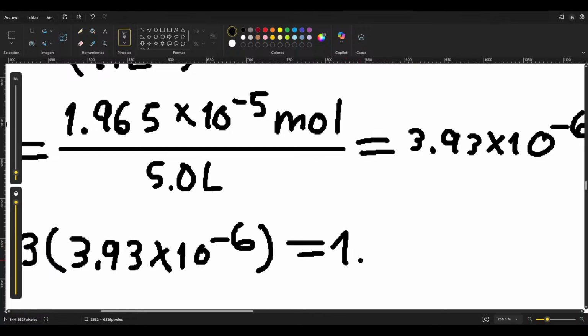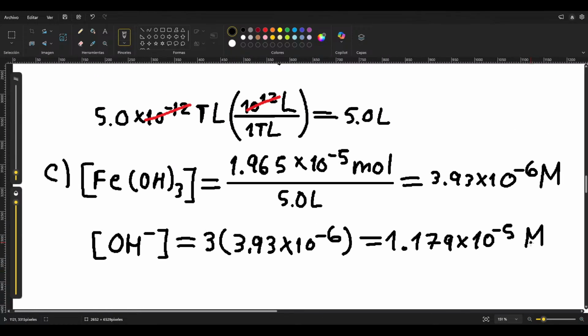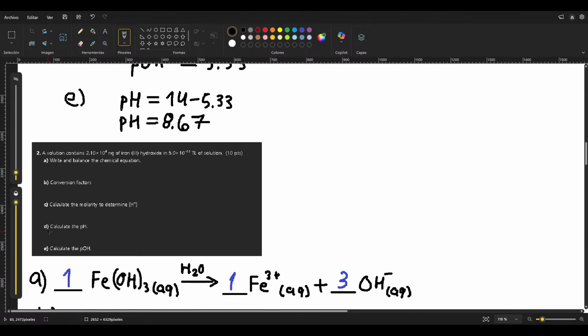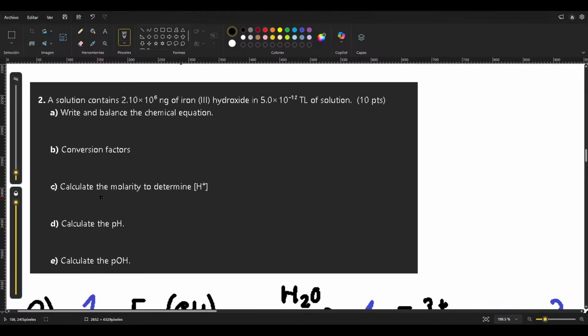So this is going to be 1.179 times 10 to the negative 5 molal. And now we're going to calculate the pH.